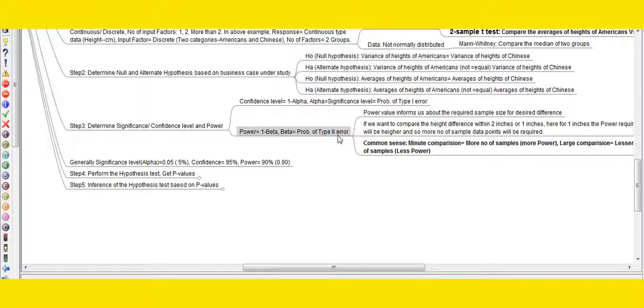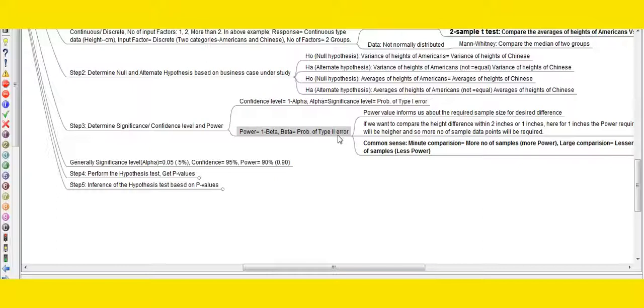This power, as I said earlier, is very, very important when we discuss the discrimination or difference my sample data can visualize, can interpret after my testing.